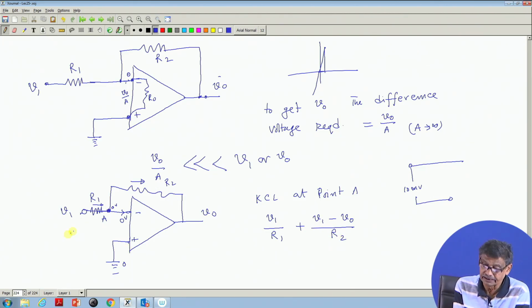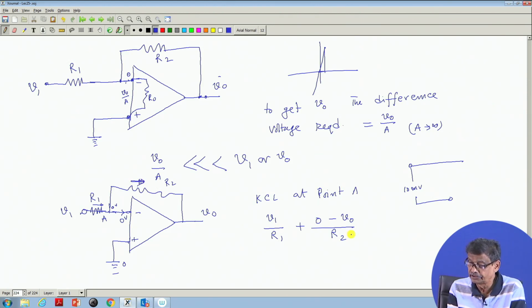KCL at this point A: V1 by R1, and the current in this branch, I am sorry, how much will this be? Potential difference between these two will be 0 minus V naught, this potential is 0 and this potential is V naught, and the current direction I am calculating this way.